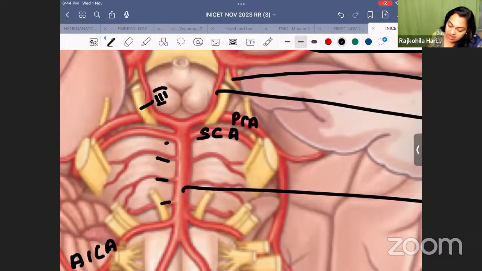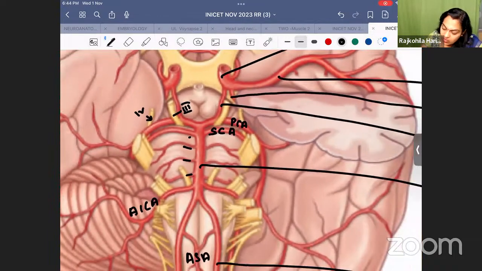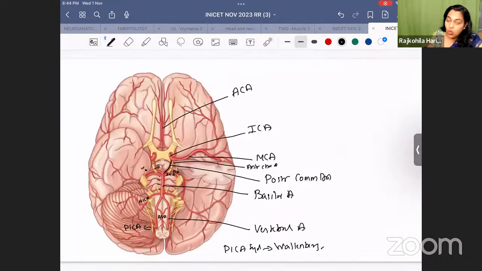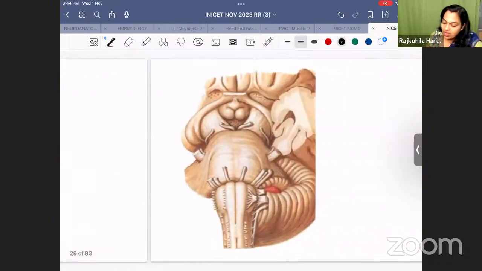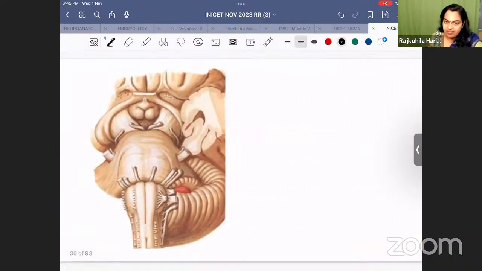This is the third nerve. And this is the fourth nerve. Now see, the third nerve is closely related to the posterior communicating artery. This is the third nerve, right? So posterior communicating artery will affect the nerve closely related to it. That's the oculomotor nerve.